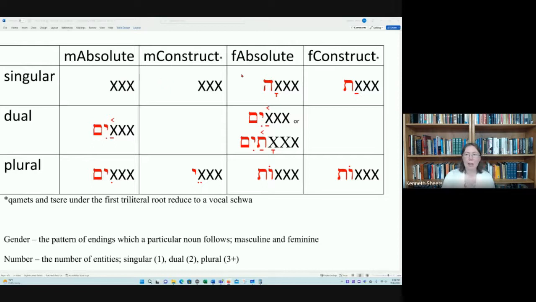And we can tell all of these things by taking a look at the endings that we have on a particular noun. At this point, I'm not going to go over the construct. We'll take a look at that either later on today or next week.